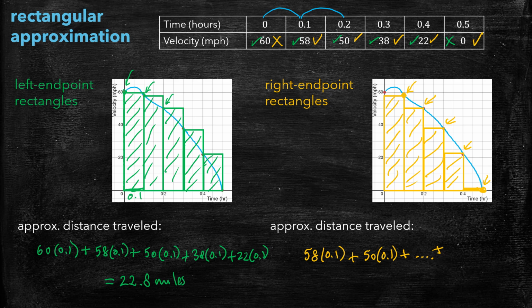So we are going to use that 0. So our very last calculation will be 0 times 0.1, and that works out to be 16.8 miles.